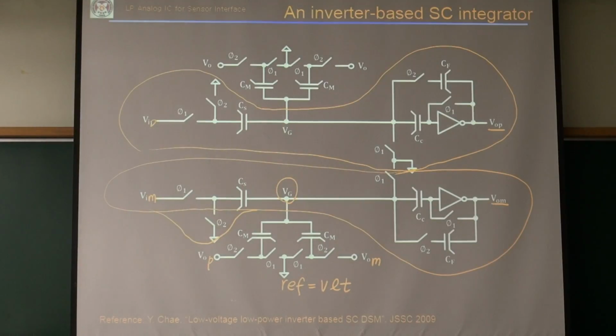I generate the average of VOP and VOM that is connected to this inverter amplifier, right? So it will be a negative feedback for the common mode signal, all right?